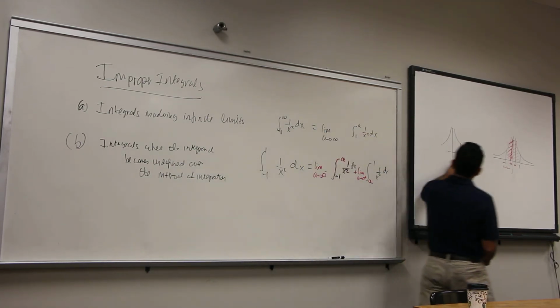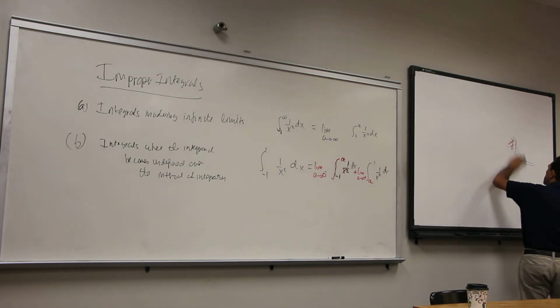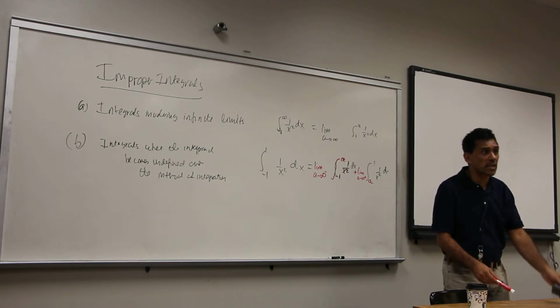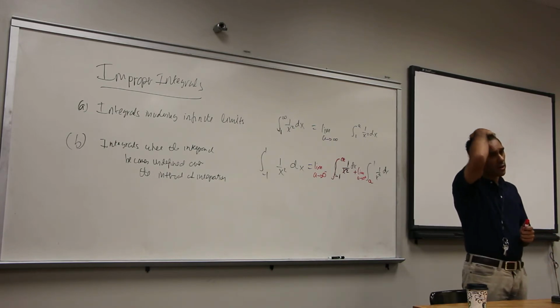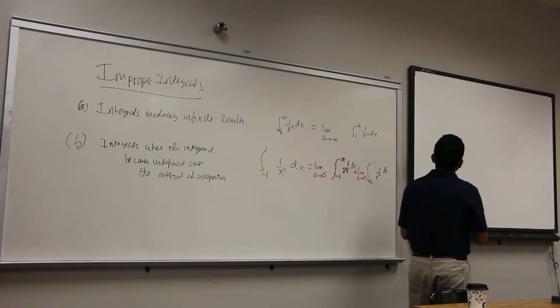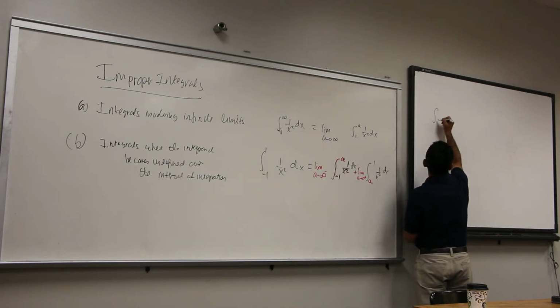Okay, so let us do some examples. Now we saw 1 over x squared last time, right? We saw that this was an improper integral: 1 over x squared from 1 to infinity.